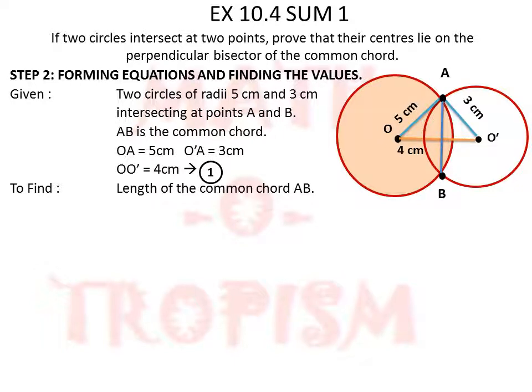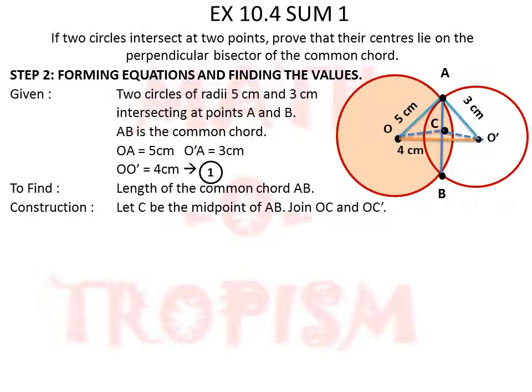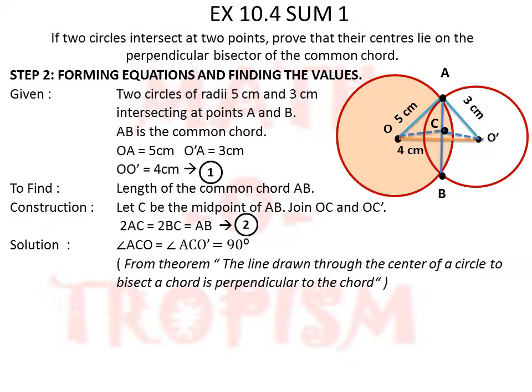So we take C as the midpoint of AB and we join OC and O dash C. AC is half of AB, or AB is twice AC. In the solution, angle ACO is equal to angle ACO dash, which is equal to 90 degrees, since the line drawn through the center of a circle to bisect a chord is perpendicular to the chord.